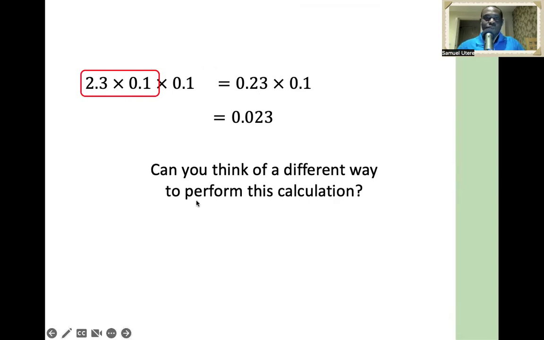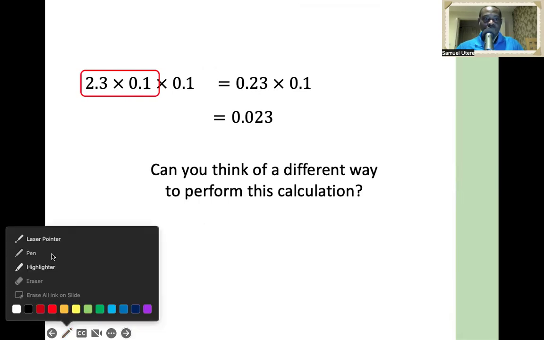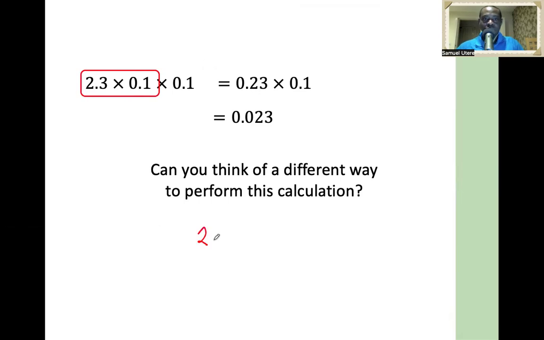Well, let's talk about a different way of doing this calculation that I have been showing you, because I want you to master this. 2.3 times 0.1 times 0.1 is a bit like, 0.1 is a bit like saying divided by 10 and then divided by 10 again, which is to divide by 100.